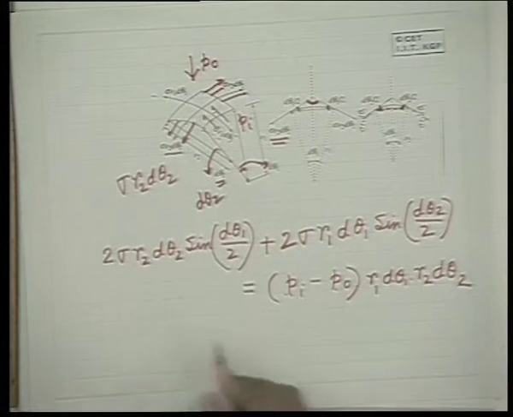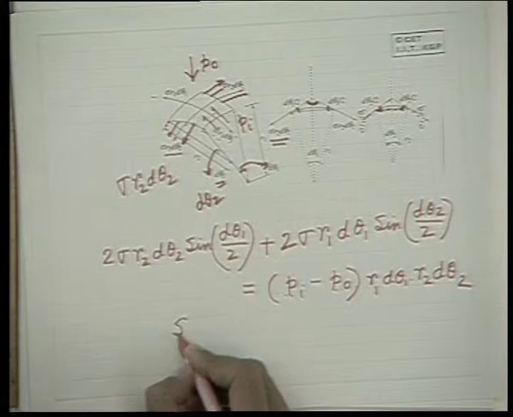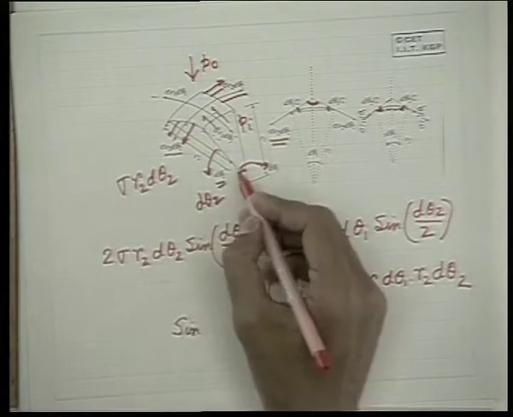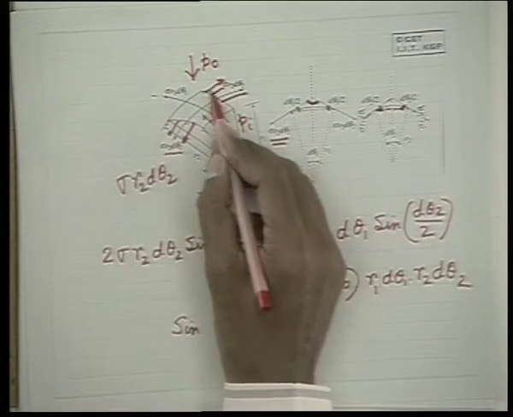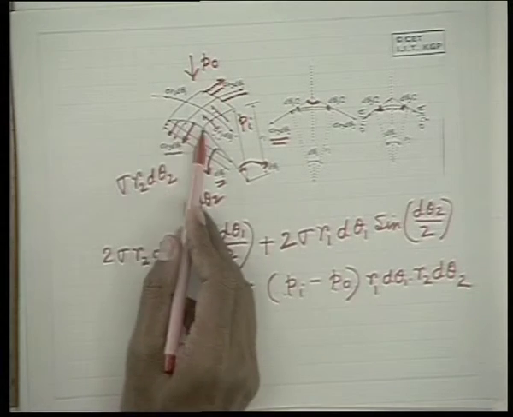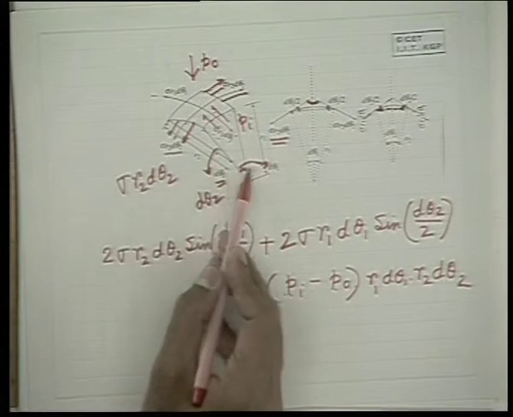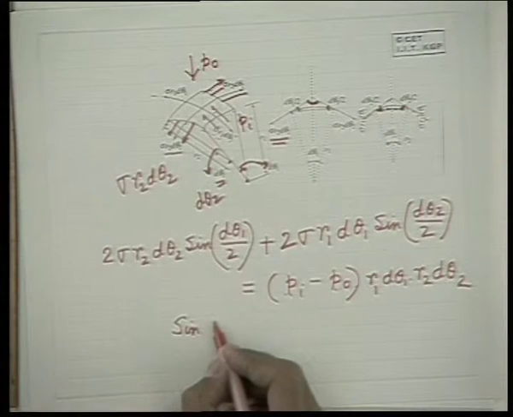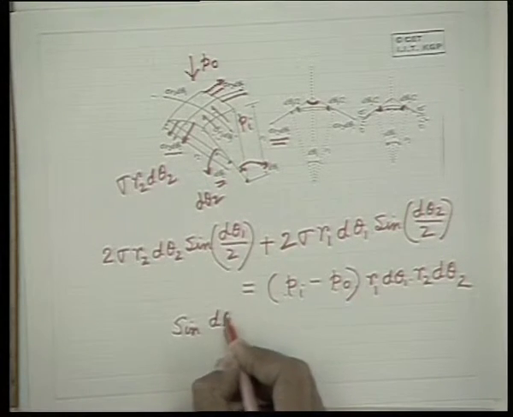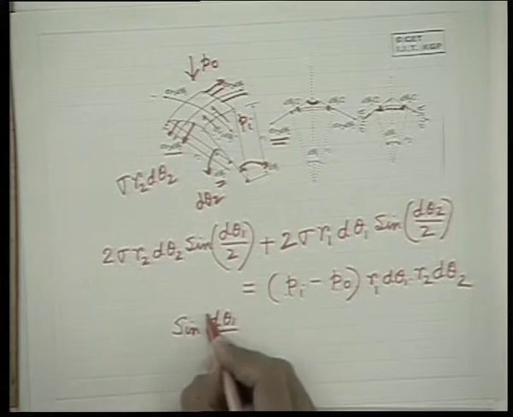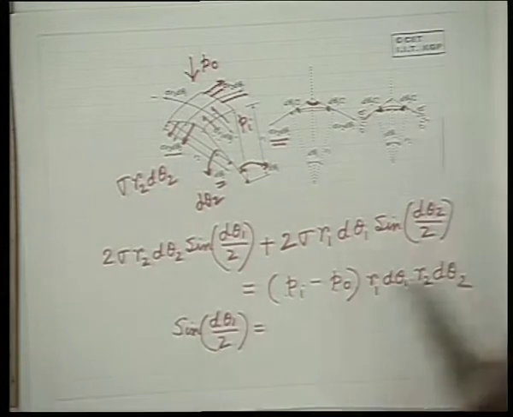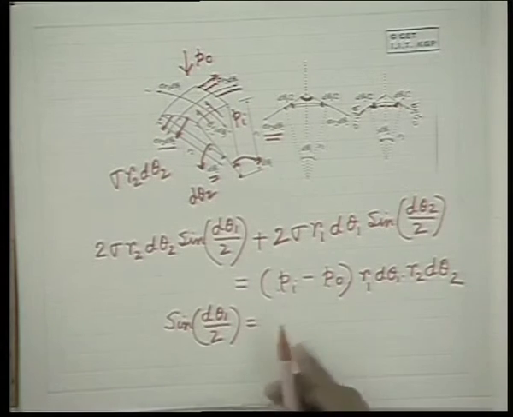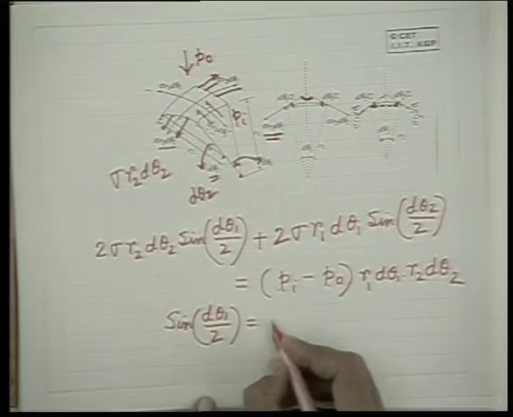Now with a simple relationship from trigonometry, for small angles, because this is a small elemental curved surface where the sides subtend small angles d theta 1 and d theta 2 at the respective centers of curvature, we can write that for a small angle the sine of the angle is equal to the angle. If you see the series for the sine function, you will see we can neglect the higher order terms.